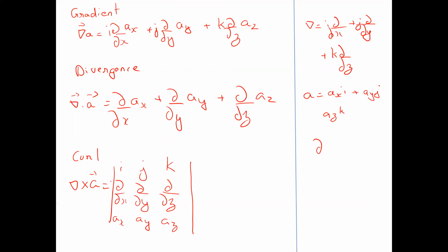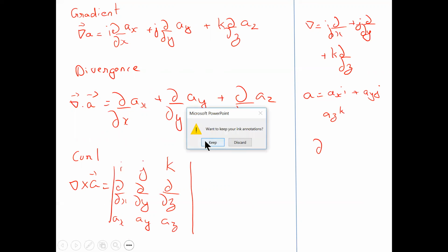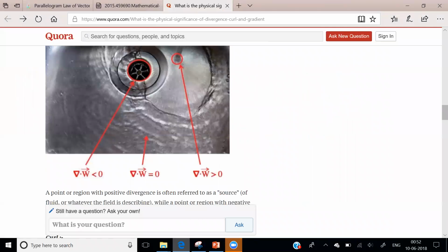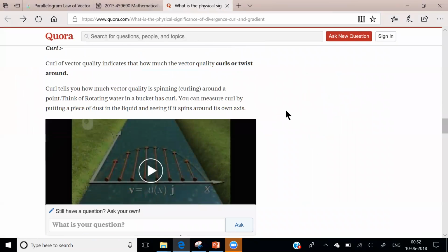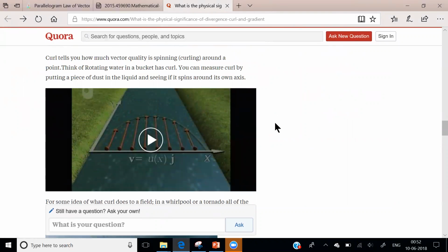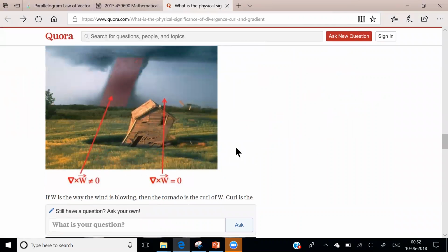So what is the physical meaning of the curl? Again, the vector we're talking about represents a flow, the vector field of, let's say, wind, representing the magnitude and the direction of the flow. If you take the curl of such a vector, it represents how much the flow is curling about a point.